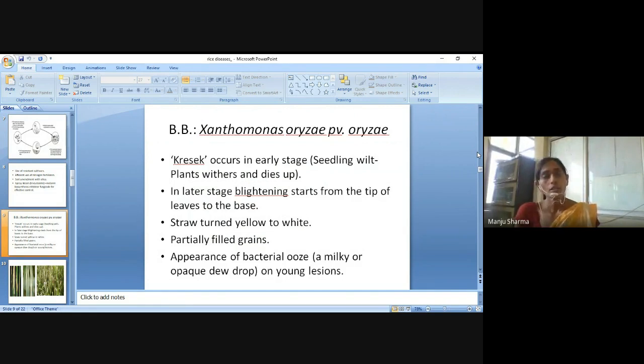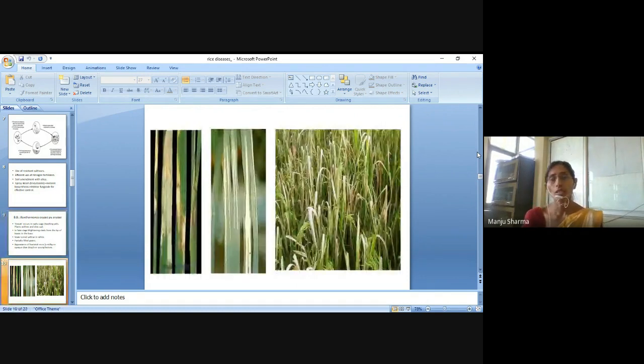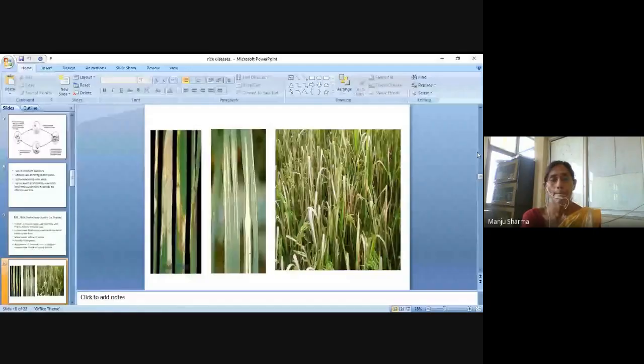The straw turns yellow to white, with partially filled grains and appearance of bacterial ooze, a milky or opaque dewdrop on young lesions. These are the symptoms, where the upper part of the leaves becomes whiter in color.